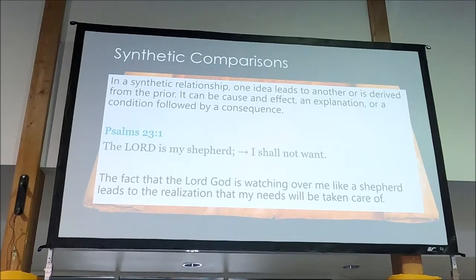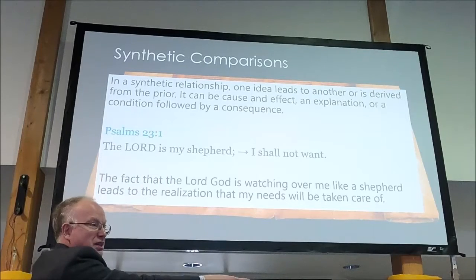Those are all synthetics. So for instance, the Lord is my shepherd. What's the result of that? I shall not want. So I showed that with an arrow. Okay, so because the Lord is my shepherd, the result is I won't want.